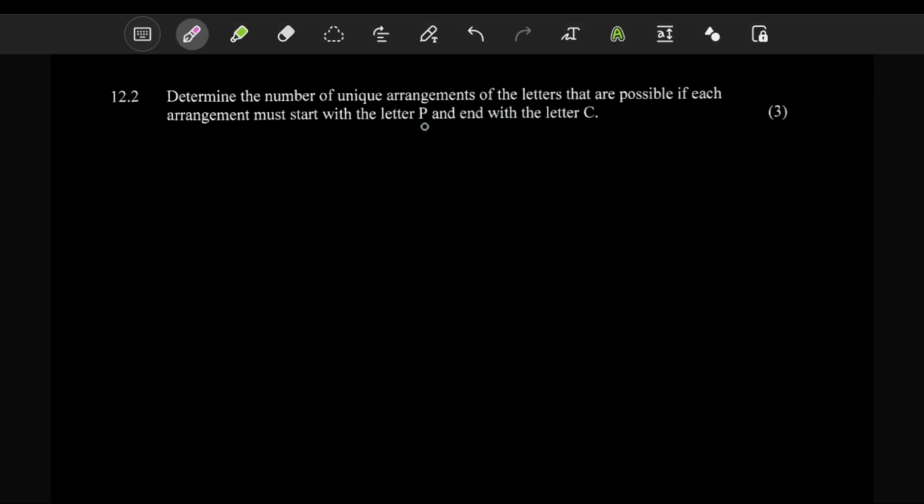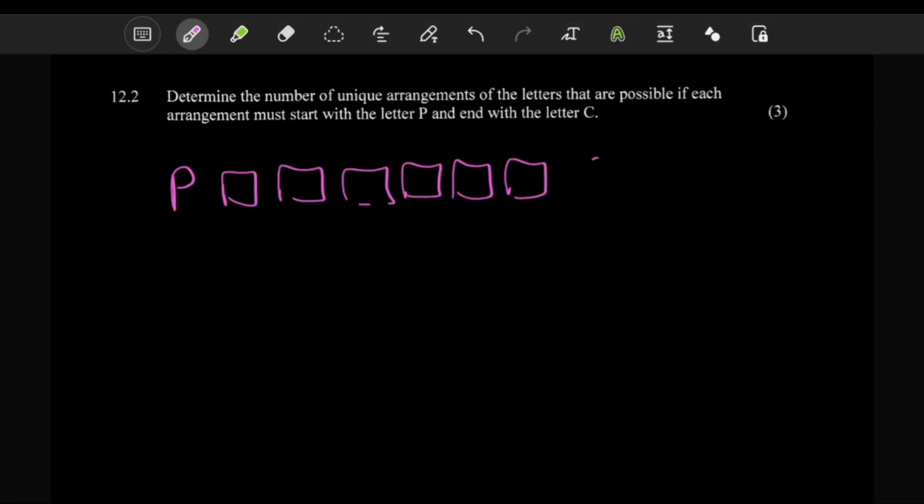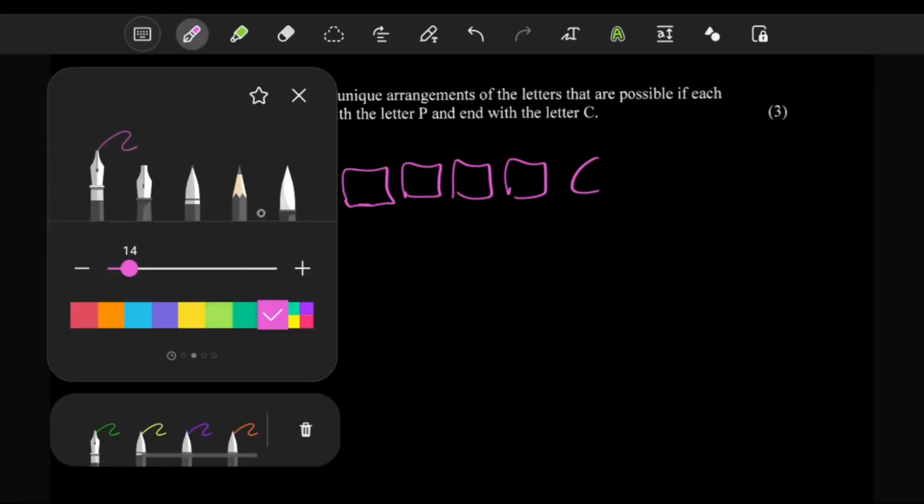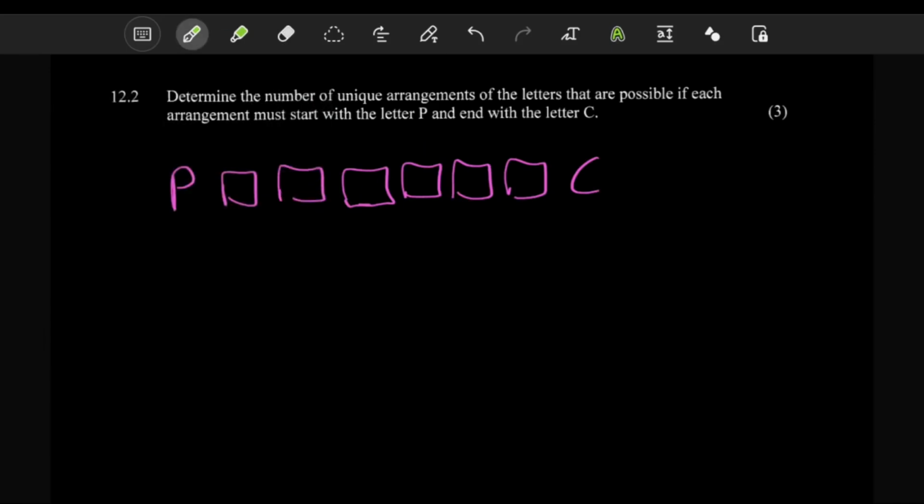For 3 marks, determine the number of unique arrangements of the letters that are possible if each arrangement must start with P and end with C. That's quite easy. It starts with P, then it has 1, 2, 3, 4, 5, 6, and then it ends with C, because that's 8 letters in total. When all the letters are available, you have 8 options, but only 6 are available now. So the letters can be arranged in 6 factorial ways.